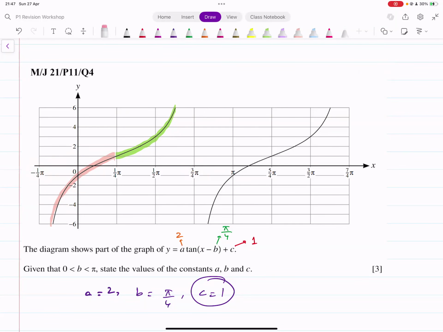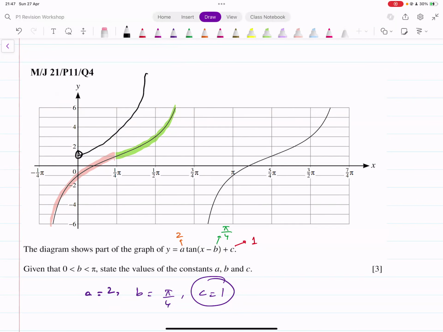What else is changing? The graph is shifted. What does the original tan graph look like? The original tan graph looks like this. It starts from 0 and it goes like this. Now, we have figured out that it's moving 1 unit up. So that would have moved somewhere here. After moving 1 unit up, it'll look like this.